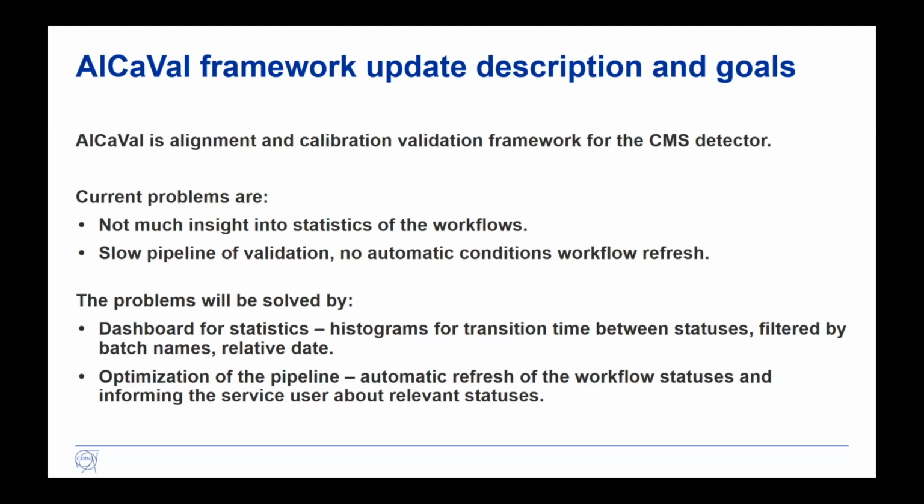The problems will be solved by having a dashboard for those statistics, how quickly each transition between statuses takes and how many of those transitions there are, and optimization of the pipelines, so automatic refresh of workflow statuses and informing the user, or in this case the AlCa service user, if there's a workflow that has already completed.